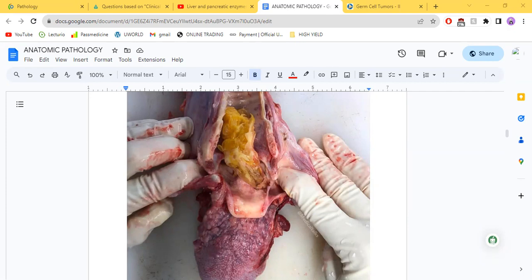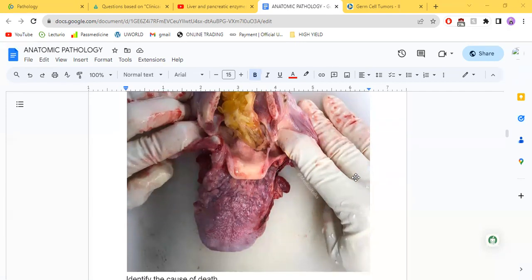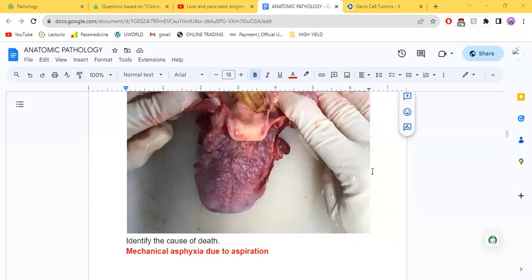I will probably think of things like death due to hypoxia, right? Because once you're asphyxiated, you're not able to take in air, so therefore you die due to probably hypoxia.